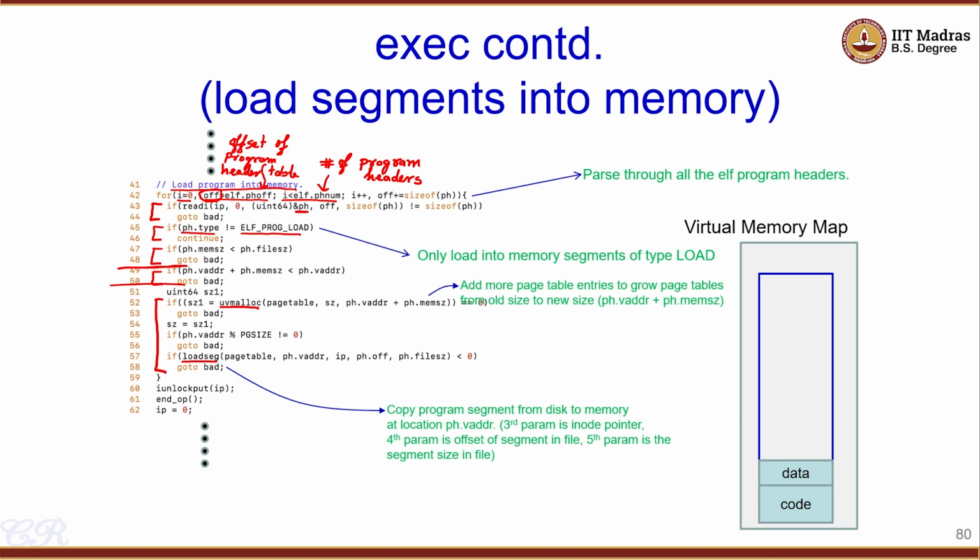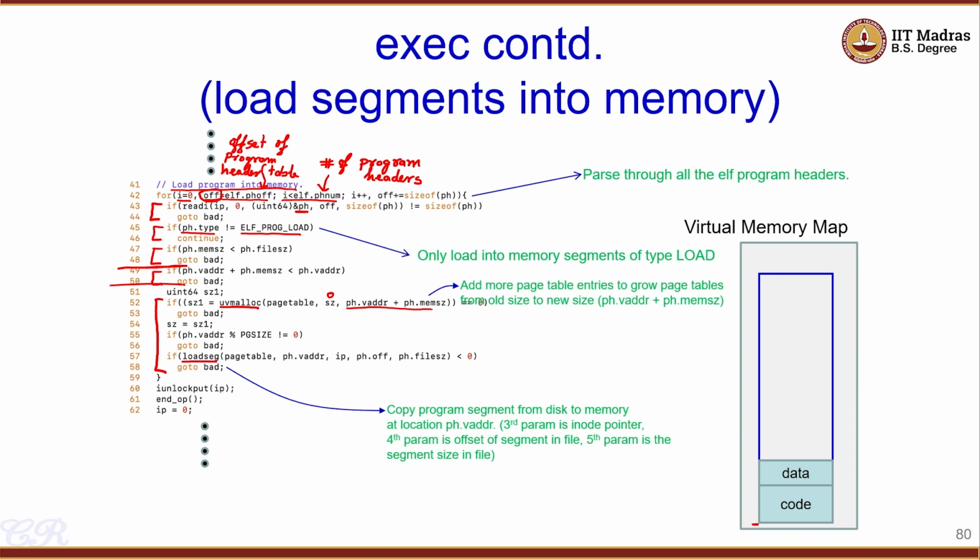So for example, we start with the 0th location. Now the old size is essentially say 0, and now we know that we want to load say the code segment, right? Now the code segment starts say from location 0 and has say 1 megabyte or so. So we need to create the mappings for virtual to physical conversion.